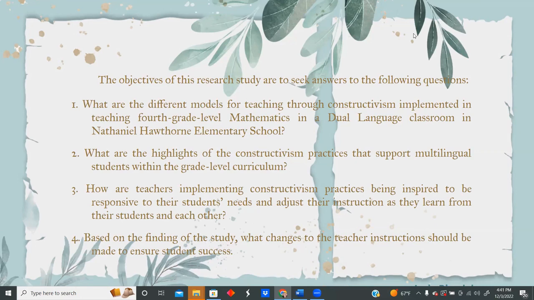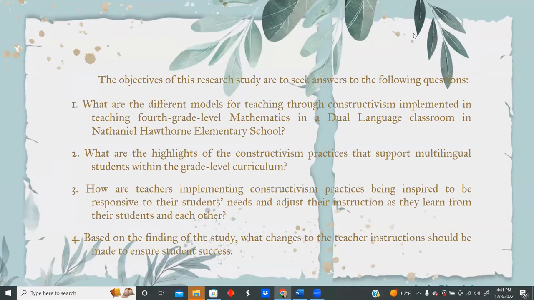By the way, ma'am, may I ask what type of research design you are planning to do? I'm thinking of doing a qualitative research as well, due to the limited number of respondents. You're going to use a qualitative. So who are your target respondents? The fourth grade teachers in our campus.